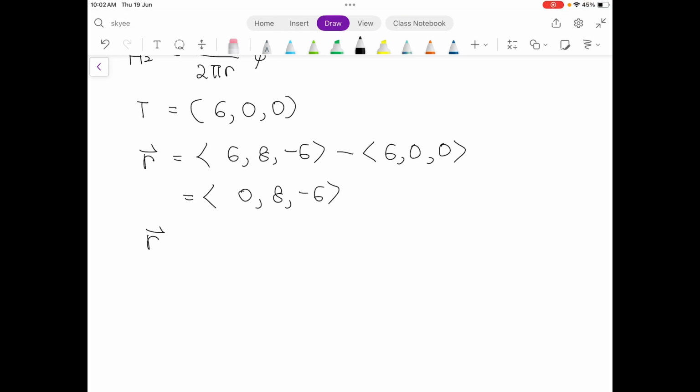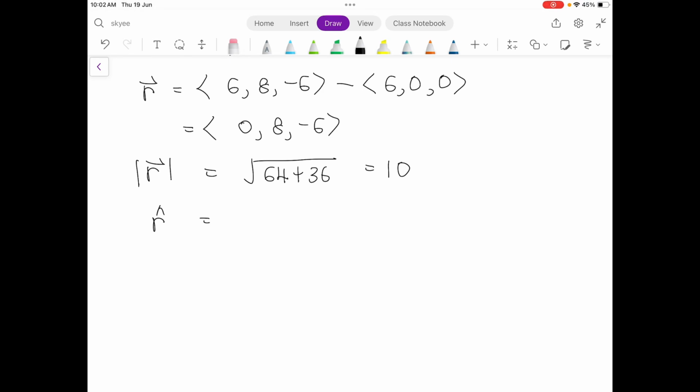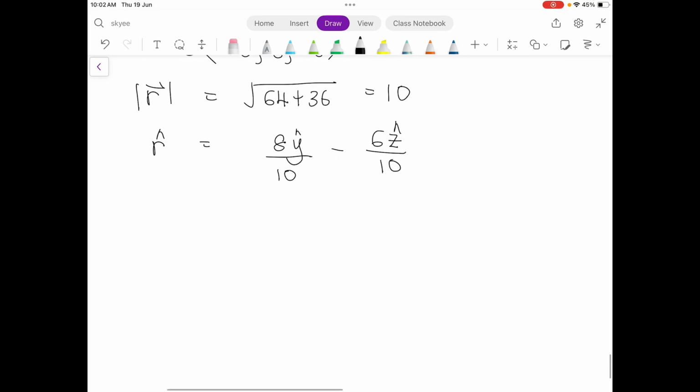For the magnitude, I think you know, the magnitude is the same, 10 units. And the unit vector r is slightly different because of the polarity, the direction. So it is 8y over 10 minus 6z over 10. Now we need to find phi.